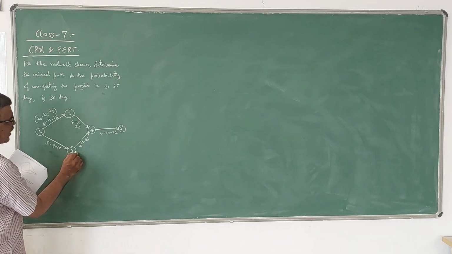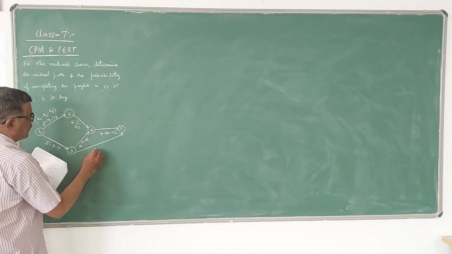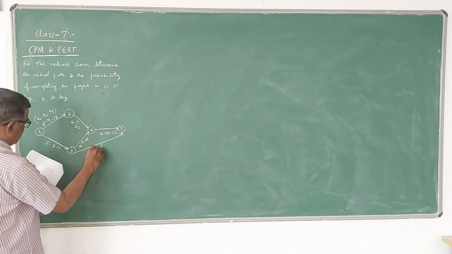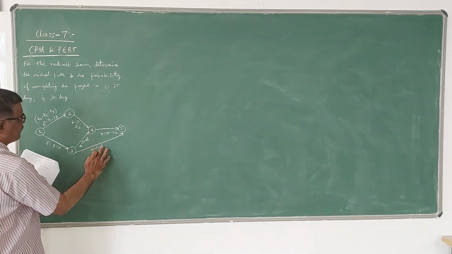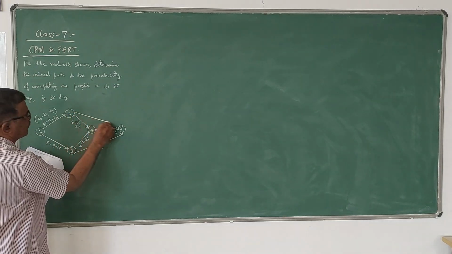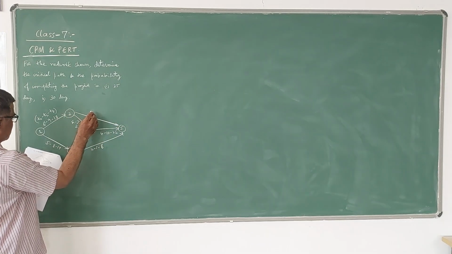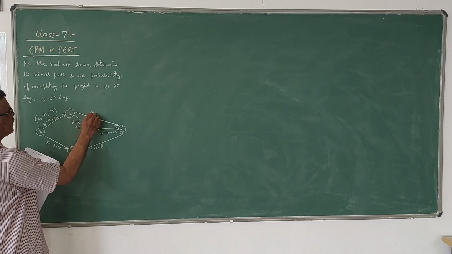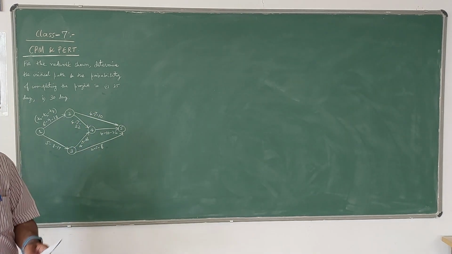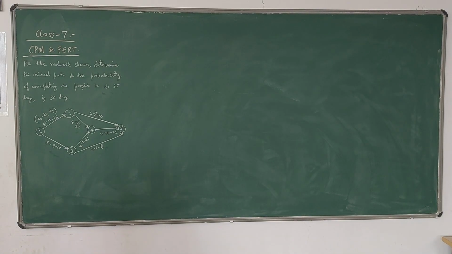Then you have 3, 5 time estimates 2, 5, 8. Then lastly you have 2, 5 time estimates 4, 7, 10. This is the network for a project given.